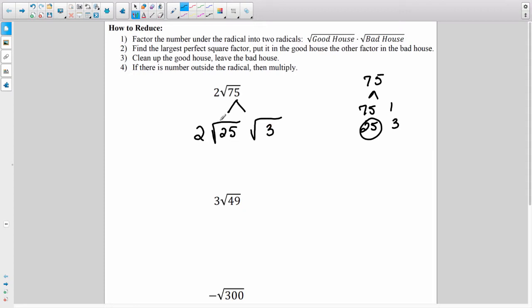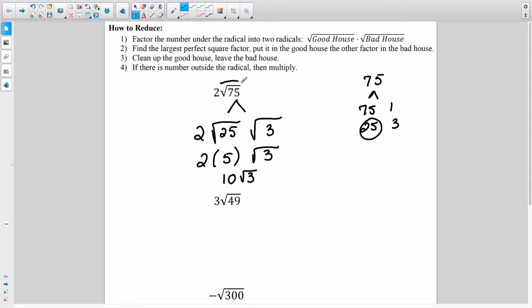So if you notice, this 25 right here is a perfect square, and if it's inside of a radical, you can simplify that to be just 5. So look what you do. 2 times 5, and then of course you still have this radical 3, which you can't do anything with. That's why we call it the bad house. So finish everything up. 2 times 5 is 10, and you keep your radical 3 just like that.